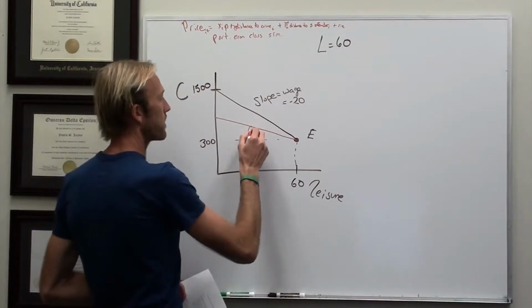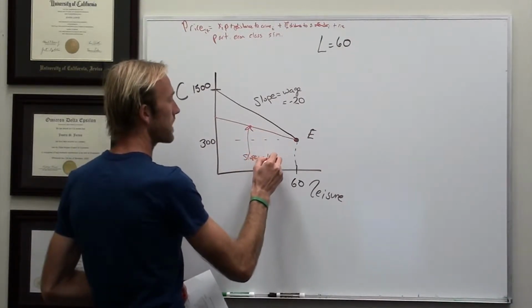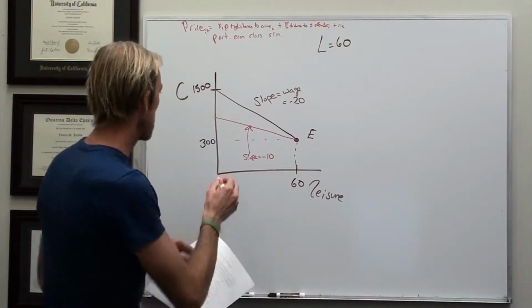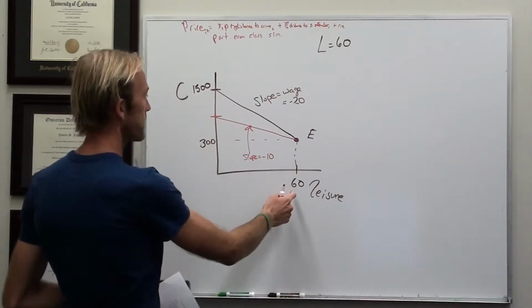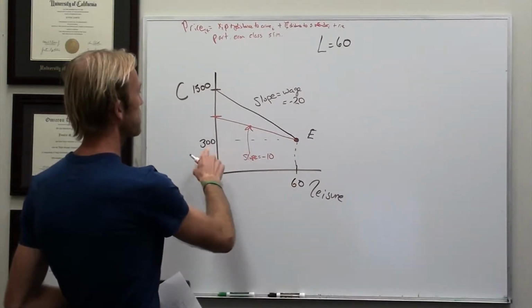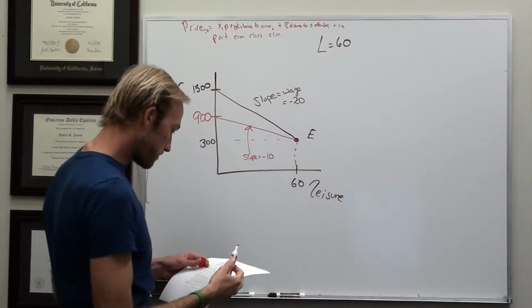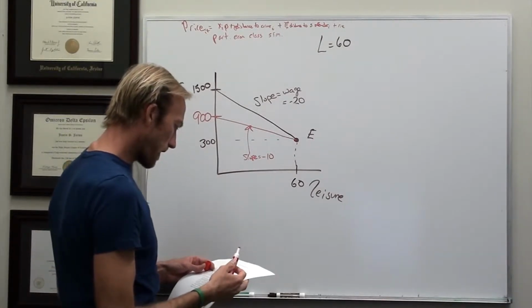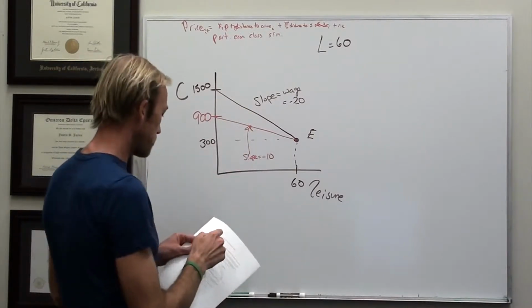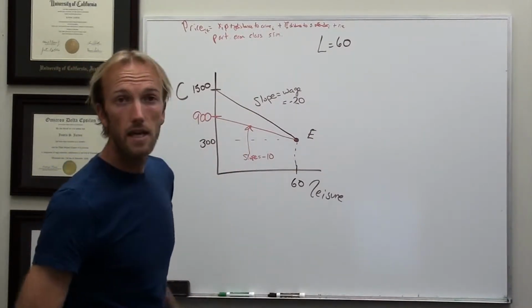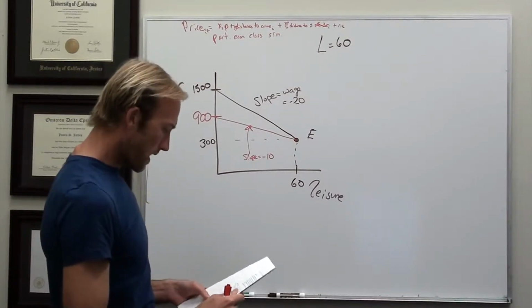The new slope is now 10 or negative 10, and the maximum amount now that you could eat would be 60 times 10, that's 600, plus 300 is 900, okay? And so that's what happens if you drop down to $10 an hour: it rotates inward around the endowment point.